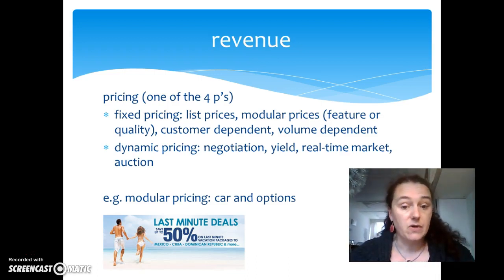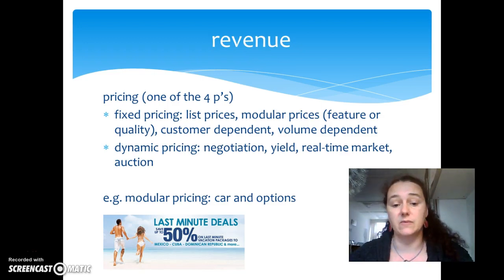Then there can be dynamic pricing, so the price can be based on negotiation, yield, what comes out of it. So, for example, the price of gas is dependent on the calorific content of the gas. Then there's a real-time market, where prices fluctuate, or an auction where prices can fluctuate.